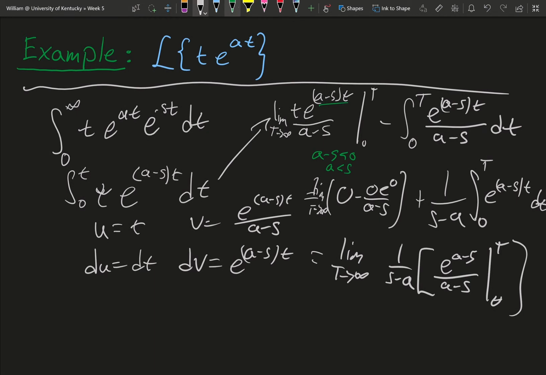Looking here again, note we need the same thing. Oh, I forgot the t value. We need the same thing to be true. We need s to be greater than or equal to a.